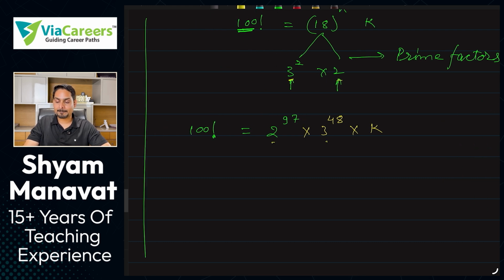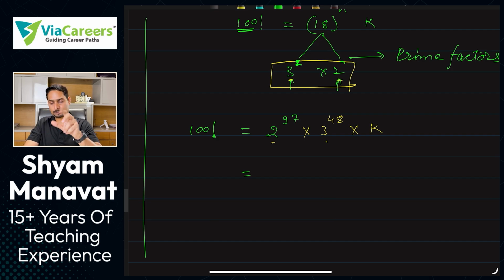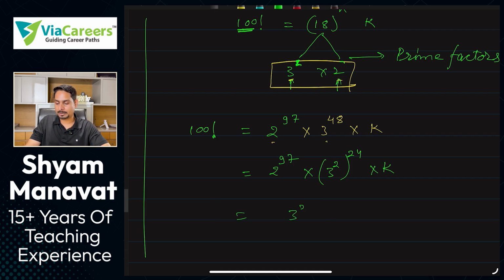Now we need to make this kind of pair, 3 square into 2. How will you make the pair? You need only 2. Okay, so first, simplify the prime number with the higher power in the composite number. So first of all, let's try to form 3 square. How do you form 3 square? Here you will write 3 power 2, and this 48 becomes 24, and here you have 2 to the power 97. Correct. Now we got 3 square to the power 24.